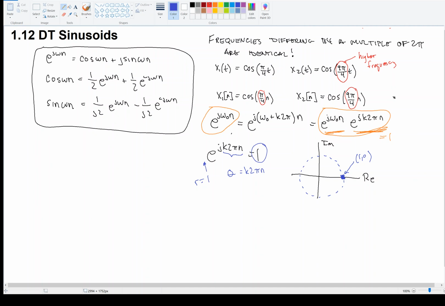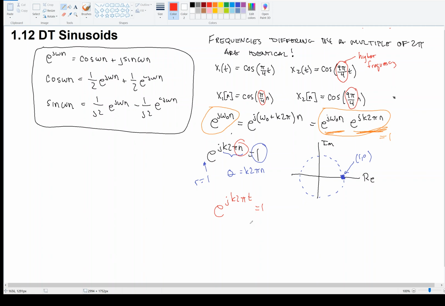So why don't we have that in continuous time? Well, in continuous time, if you tried to prove this, you'd get something like this. The n here would be replaced by a t. But in continuous time, there's no constraint that says t must be an integer.